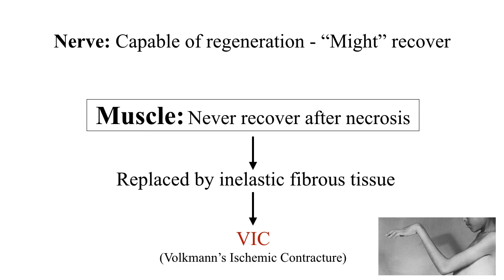All the muscles are fibrotic and the fingers will not be able to be used for any type of activities. So if the compartment syndrome is not identified and treated properly, it will result in Volkmann's ischemic contracture.